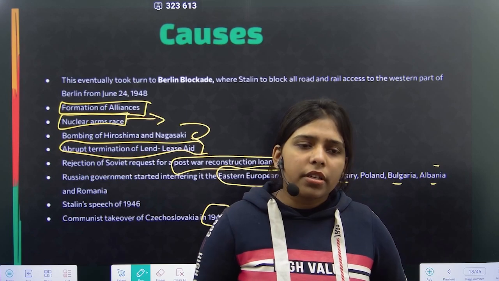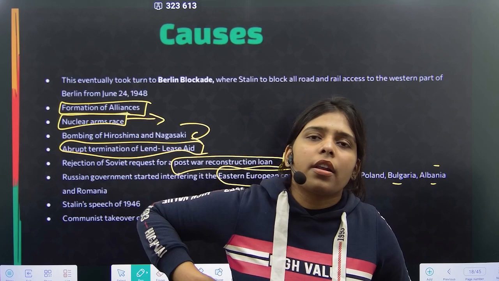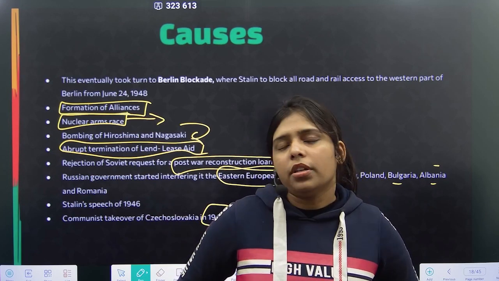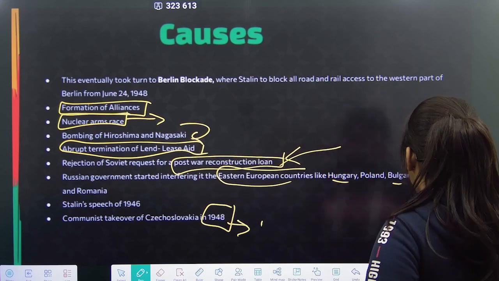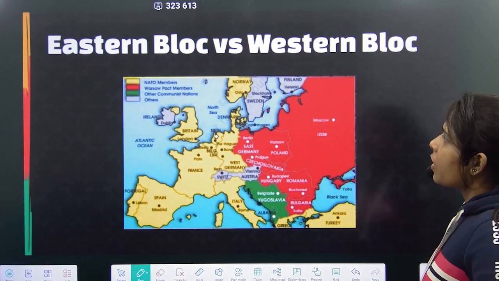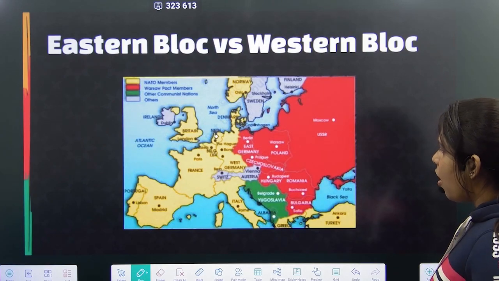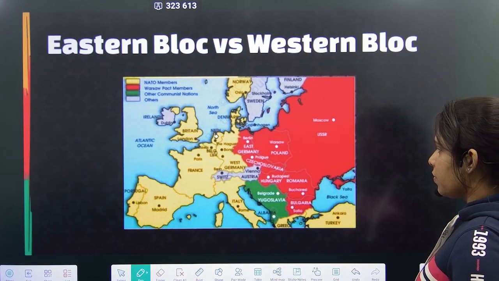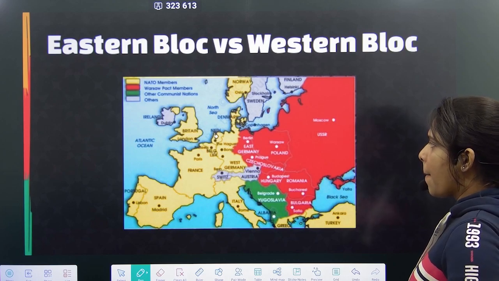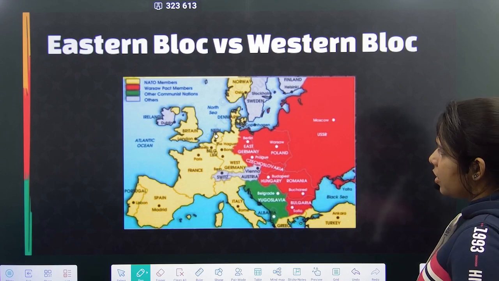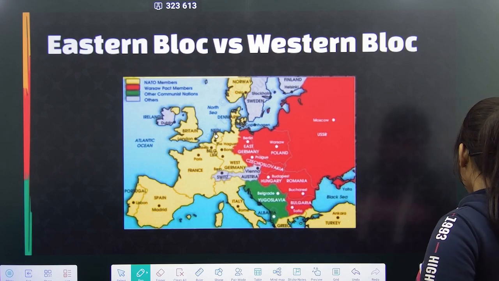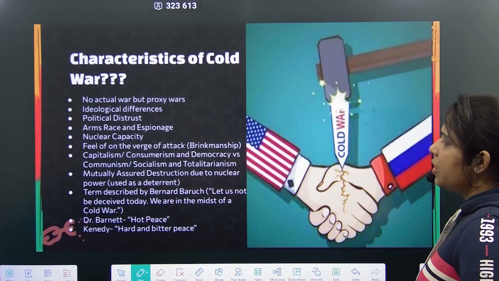And that is what Stalin did not like. And eventually, he took over Czechoslovakia as well, disrupting the proper elections over there and taking over the region. So now you see Eastern Bloc and Western Bloc taken over. Okay, Greece and Turkey are still on the side of US. Other than that, every other bloc has been taken over. Okay.